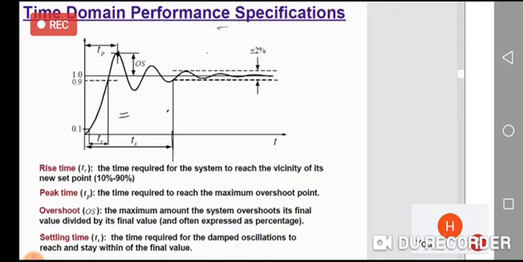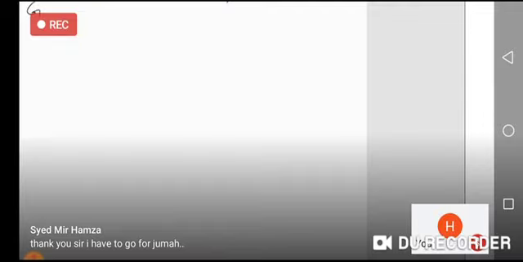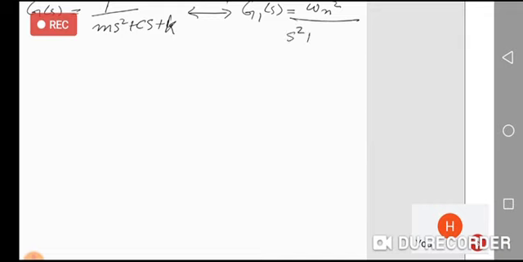Now we can calculate those values, but first let me quickly... अच्छा, मेरे ज़रा 5 मिनट लगेंगे. Last time मैंने आपको कहा था कि I will prove for you that G of S is equal to 1 over ms square plus cs plus k corresponds to G1 of S is equal to omega n square divided by S square plus 2 zeta omega n S plus omega n square. ठीक है?